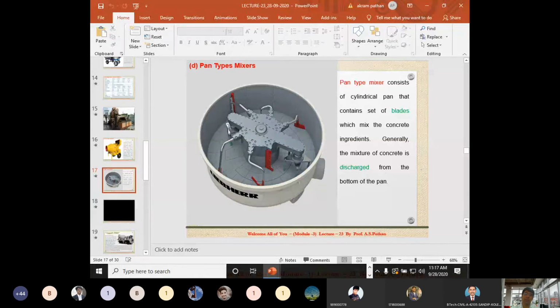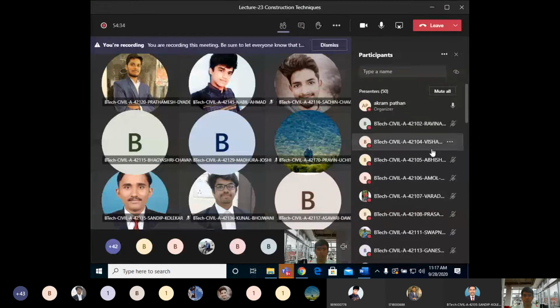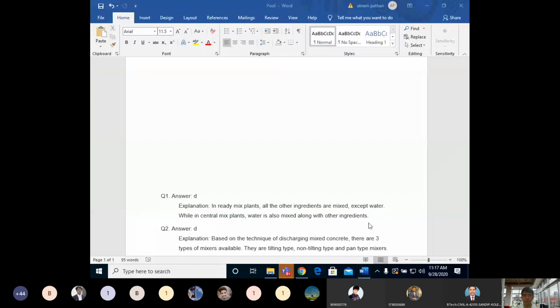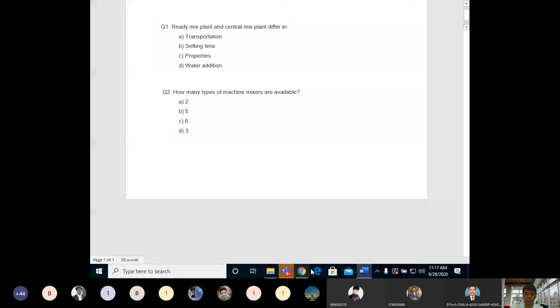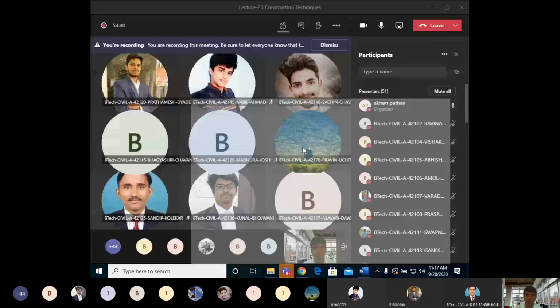So we can easily discharge the concrete at a particular die and come up with a good product with the help of this concrete mixer. So generally this type of pan concrete mixer is used in case of precast units.